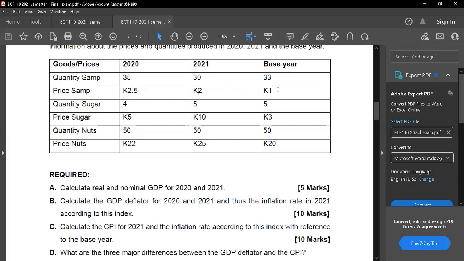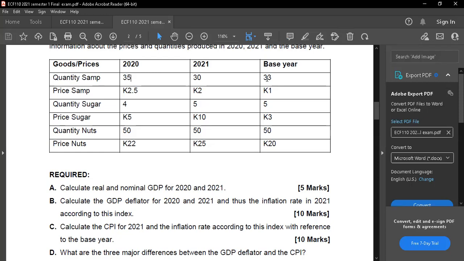So it's 33 times 1 plus 5 times 3 plus 550 times 20. That is the cost of the basket in the base year. So it's just the normal way we get the nominal GDP for the base year. Now, what is the CPI for, let's say, 2020? To get the CPI for 2020, you need to get the cost of the basket in 2020 divided by the cost of the basket in the base year.